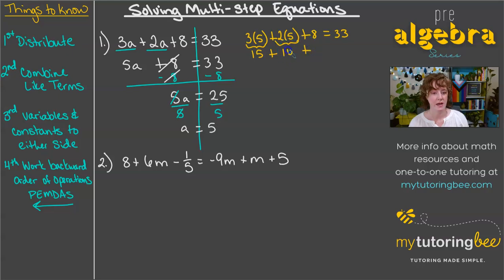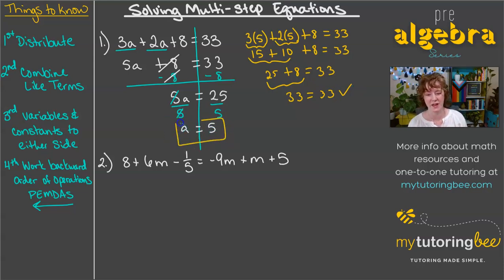Then drop down our 8. And that equals 33. 15 plus 10, that gives us 25, plus 8 equals 33. And then 25 plus 8 does give us 33. So we've checked our solution, and as long as each side comes out equal, then we are good. So a equals 5 is our solution.